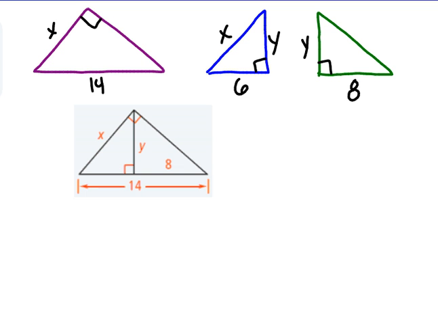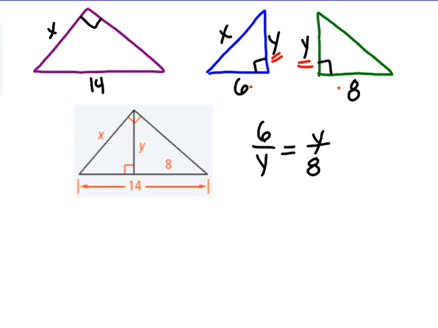And that is it. All right, so just like question number 2 and question number 3, the middle triangle and the small triangle share that value of y. And we're going to be using the 6 and the 8. So let's go ahead and solve that geometric mean. So we get 6 over y equals y over 8.